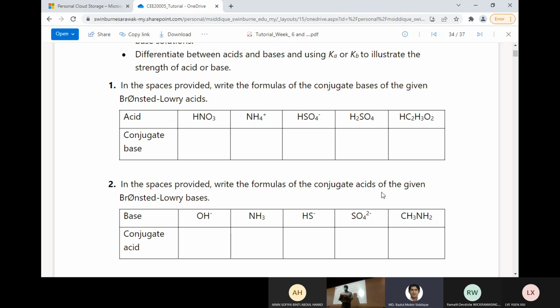Because when we are talking about conjugate acid or base, we are assuming it is through some definition. And Bronsted-Lowry says that whatever is giving us a proton is an acid.